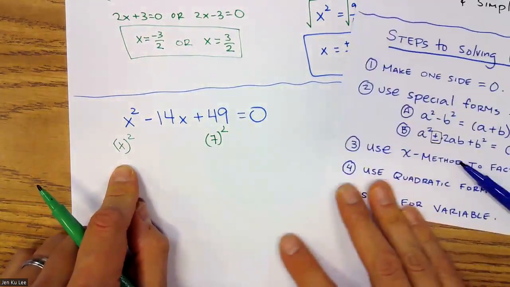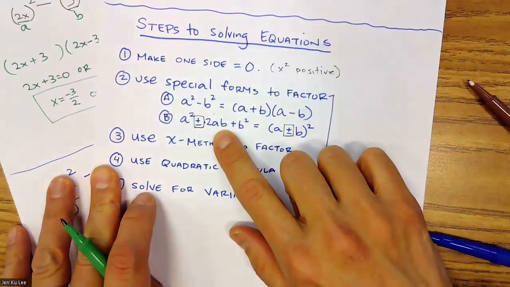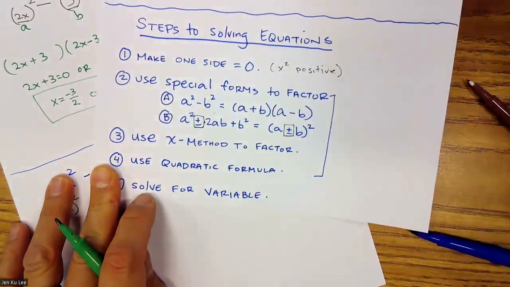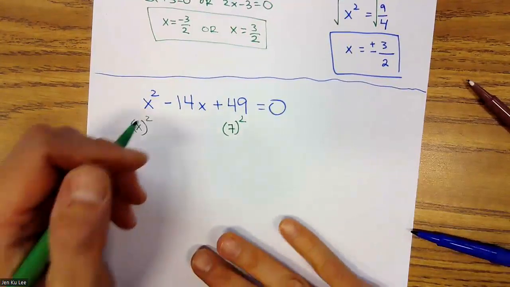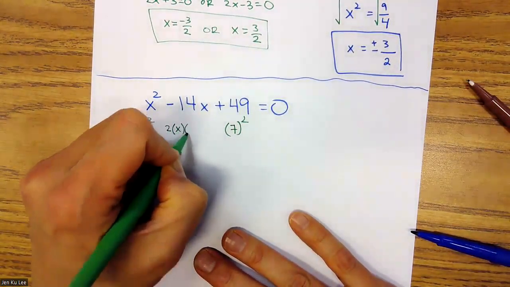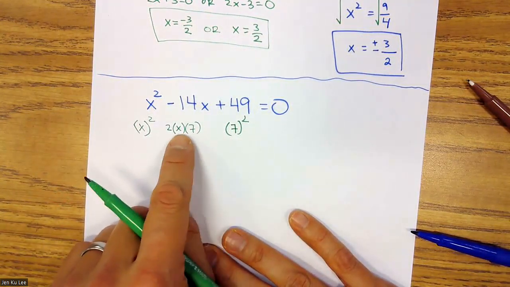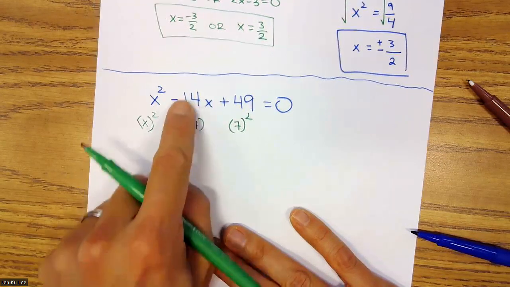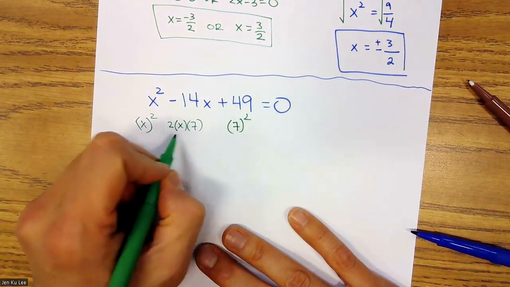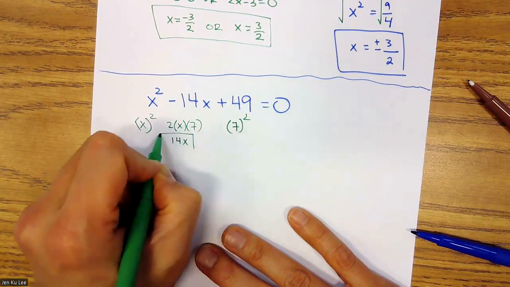Now notice that the middle term is always going to be 2ab, right? So check that as well. So 2 times x times 7, which is a and b, right? x and 7. Does that actually make 14? Yes, it does, right? 2 times 7 is 14x.